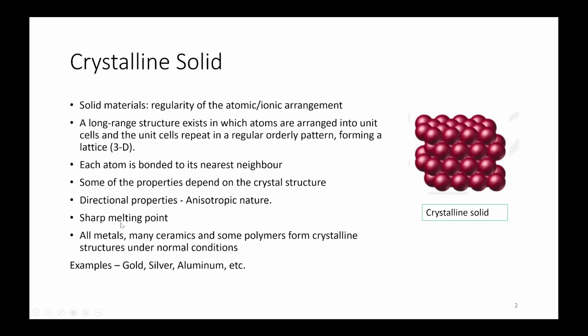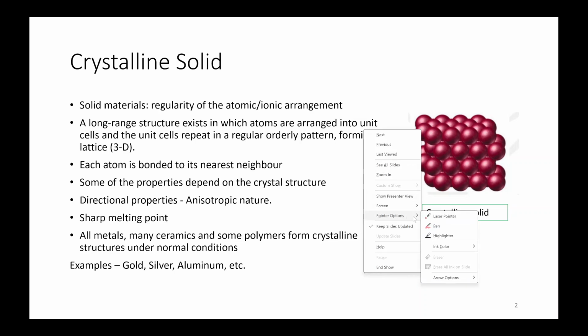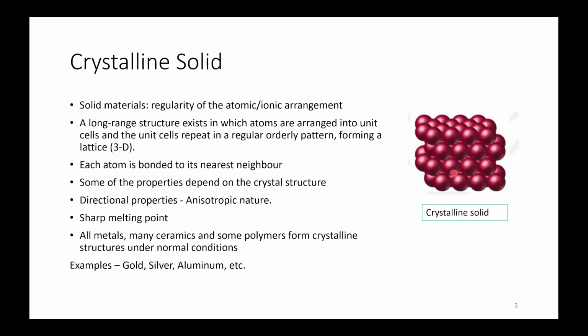These have a sharp melting point, and all metals and many ceramics and some polymers form crystalline structures under normal conditions. Examples are gold, silver, aluminium, etc. This is what a crystalline structure looks like.